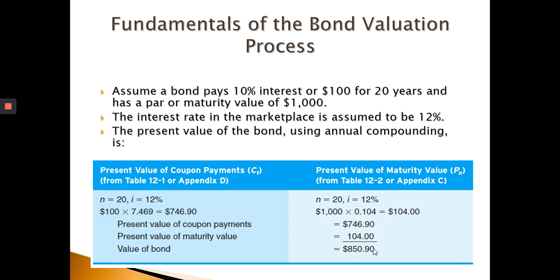Both these amounts combined together, you're going to get the value of your bond, which is 850.9. So that is your bond price. Whatever income you get in the future, you discount it, that's your bond price, the value of the bond.